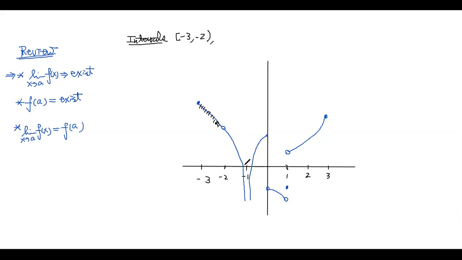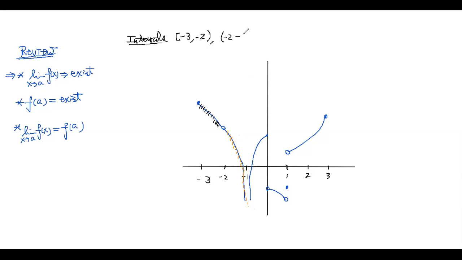The second segment starts from -2, and the values continue going down, down, and x equal to -1 is an asymptote.